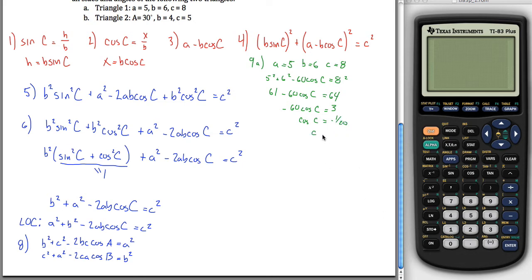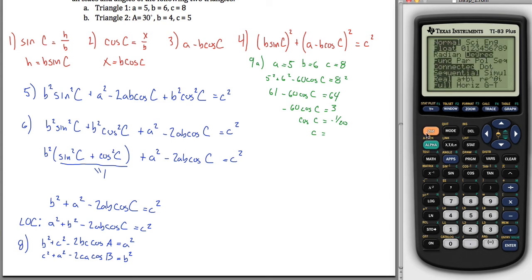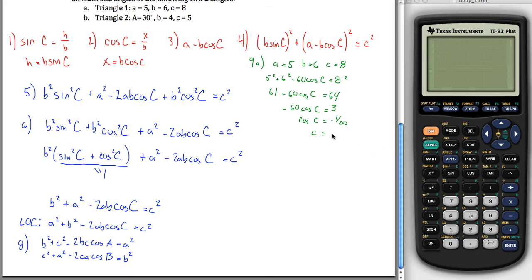So C is equal to, let's see, if I use my calculator here, make sure that you're in degree mode, and then all I want to know is arc cosine of negative 1/20th, negative 0.05. You can get that on your calculator by using second and then cosine, and then we want negative 0.05.